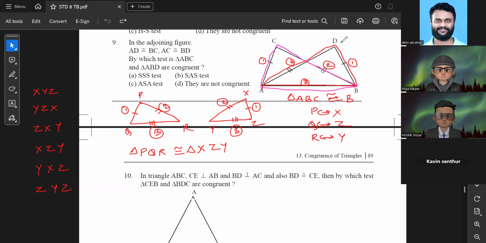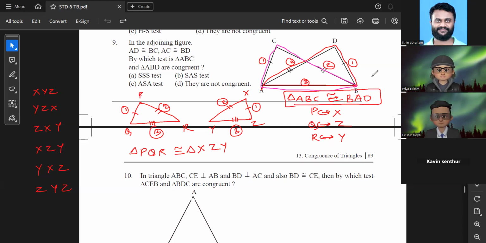For the second triangle, ABD, who is between 2 and 3? Sir, A. So in the second place, I'll write A. And for the third, whatever is left we put directly. So hence, ABC is congruent to BAD. This is true. And here they are mentioning ABC is congruent to ABD. Since the sequence is not matching, we will say they are not congruent. Am I clear? Yes, sir. Okay.